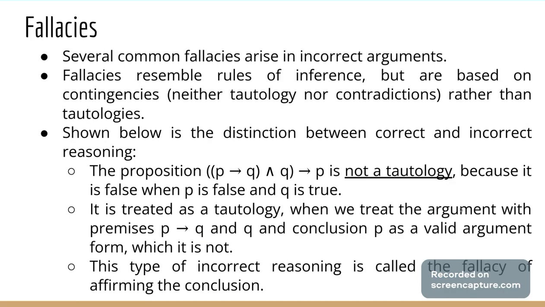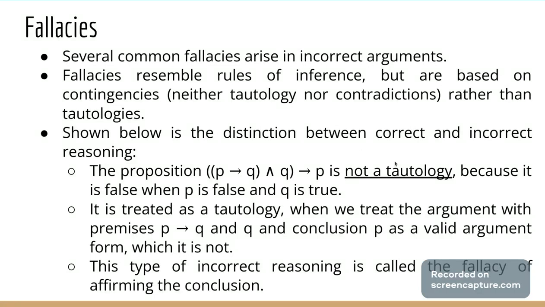Now let's look at fallacies. Wrong arguments, incorrect arguments, invalid arguments are called fallacies. Many times theorems go wrong because the arguments are wrong or fallacies are employed, and we are going to look at some of the common fallacies.